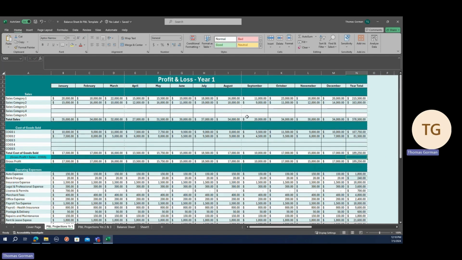So we have year 1 of our profit and loss completed. A couple things you'll notice here. Our total sales were $378,500. We said that we mark our products up 100%.